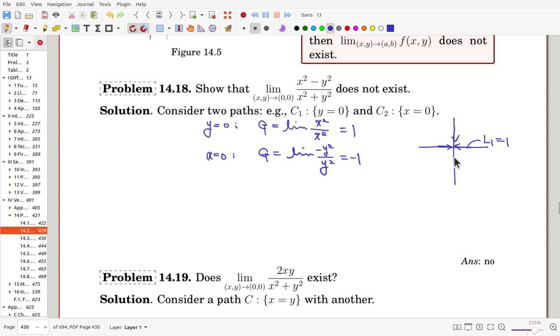Along the vertical direction, the y-axis, the limit L2 is minus 1. Now we found two different limits along two different paths, so we can say that the limit doesn't exist.